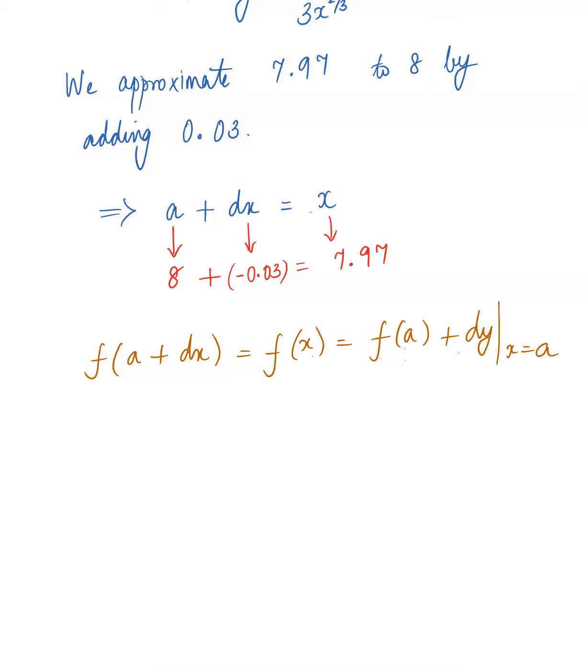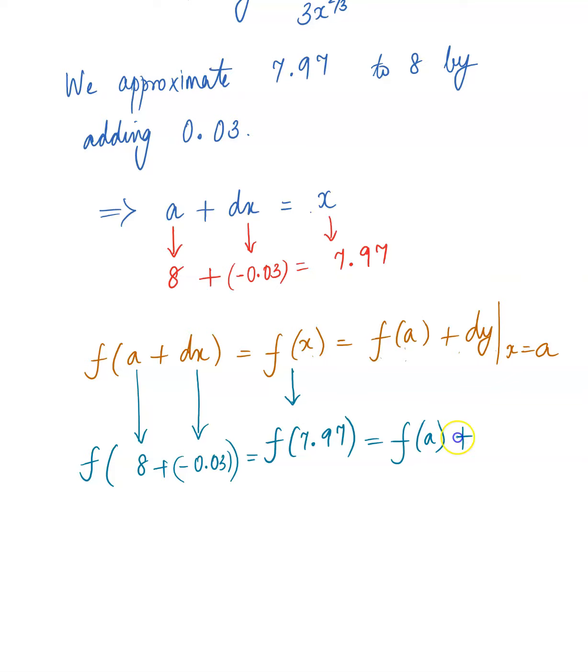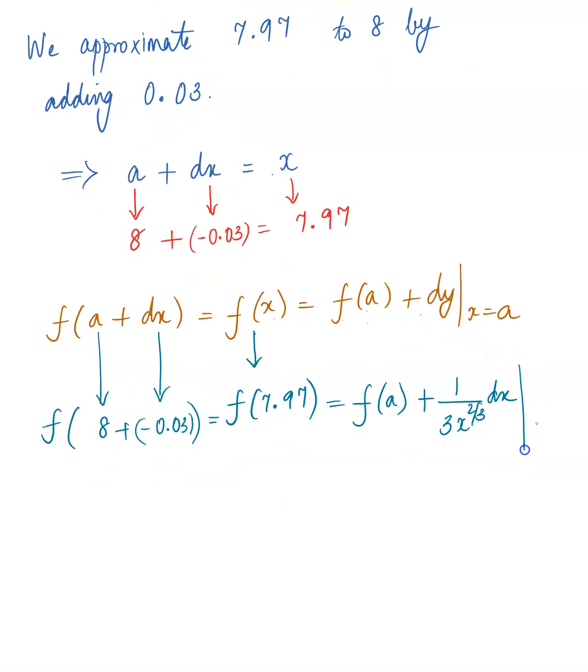So f of 7.97, that's f of 8 plus negative 0.03, which is equal to f of a plus dy, which was 1 over 3 x power 2 over 3 dx at x equals 8, because x equals a.